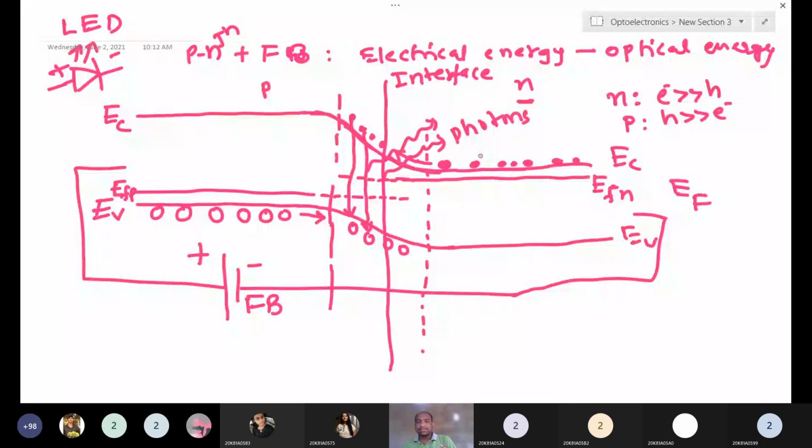Now the question is, why do electrons recombine only at the junction, and not at other places?